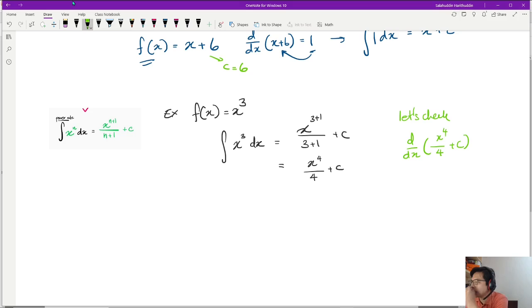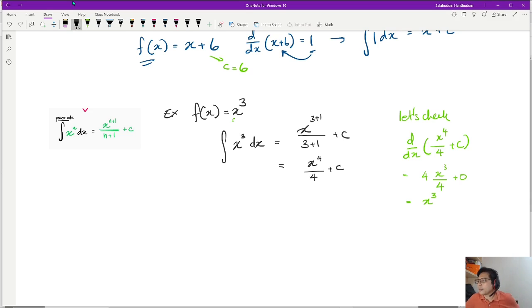What's going to happen is the 4 comes down and you get x cubed divided by 4, times 4, plus a constant. If you differentiate a constant, you get 0, so plus 0, and you'll get x cubed. There you go, you get that back. So that's one way to check.